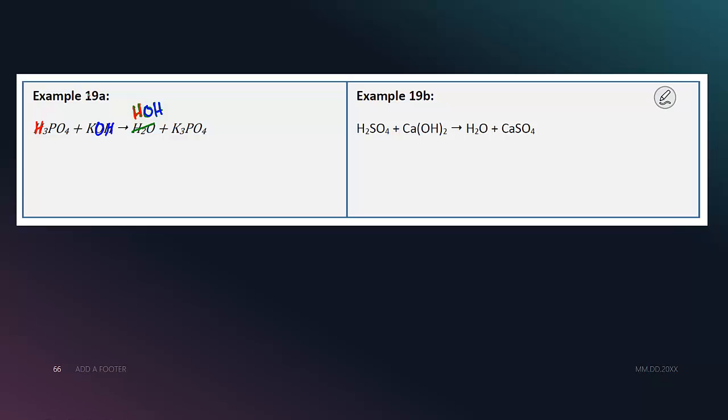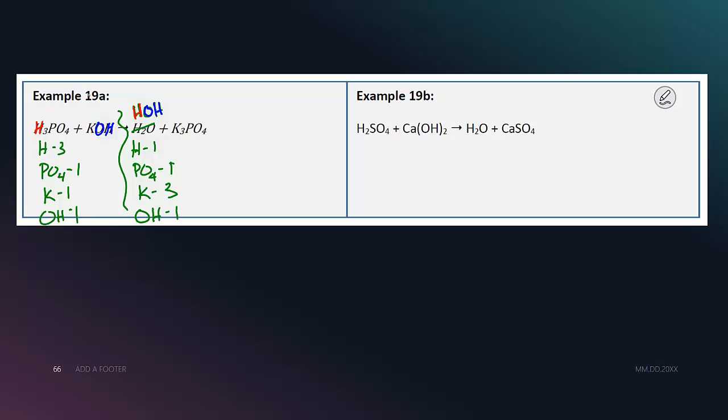And then it's a matter of simple balancing. I have 3 hydrogens, 1 phosphate, 1 potassium, and 1 hydroxide. That becomes 1 hydrogen, 1 phosphate, 3 potassiums, and 1 hydroxide.